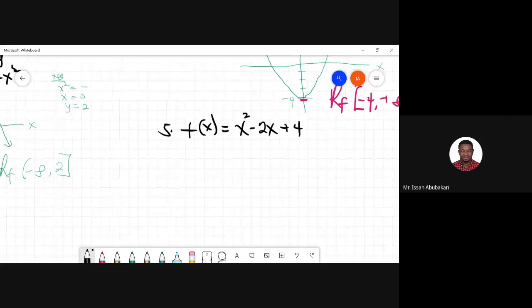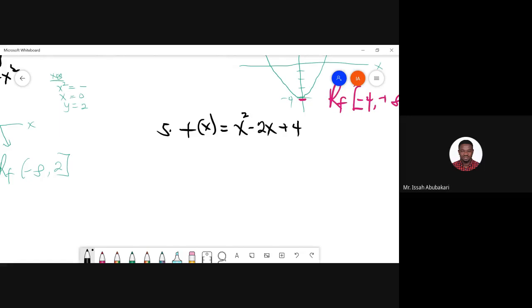Like this. If you have a question like this, how do we solve it? All right. This, we are going to introduce something new. But before that, let's try to equate. So let f of x to be equal to y. And we have our y to be equal to x squared minus 2x plus 4.